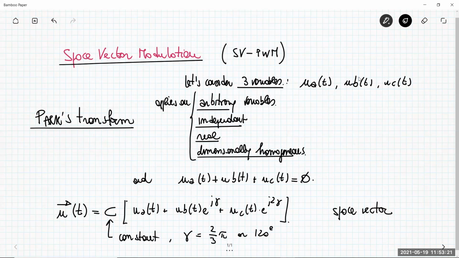So by using this Park transform, we'll be able to have this kind of transformation by which three variables can be represented in a complex plane. And in this complex plane, you have this complex vector, which is called the space vector. The definition of this transformation is provided by this expression here.